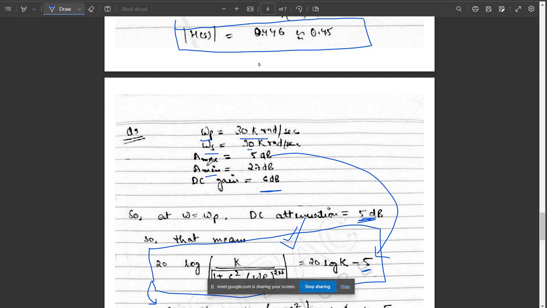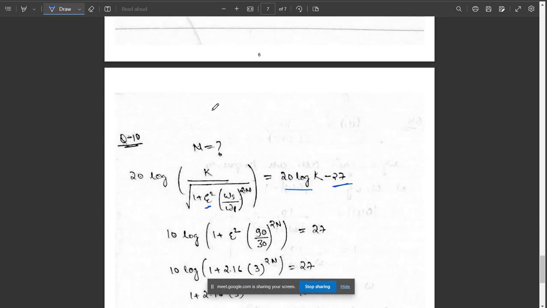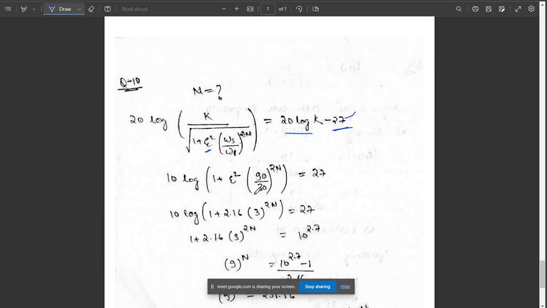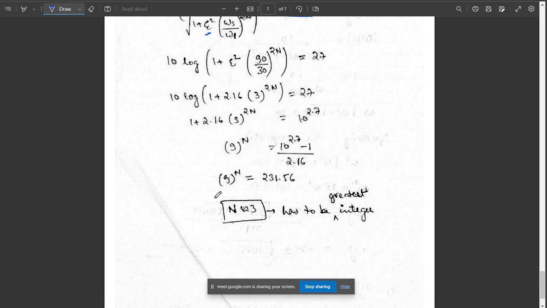For a max we have omega equals omega p. For a min we have omega equals omega s, so for omega s we put a min, which is minus 27 dB. We know 20 log k minus a min, we know all the other values and epsilon as well, we put them in, and we get n equals 3.